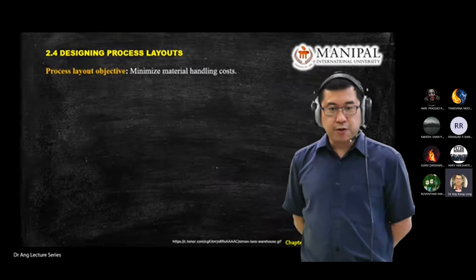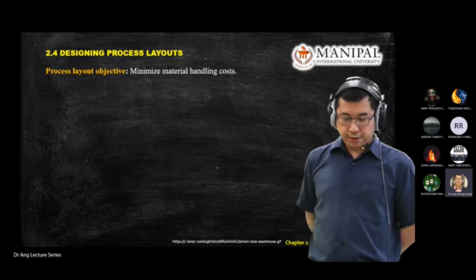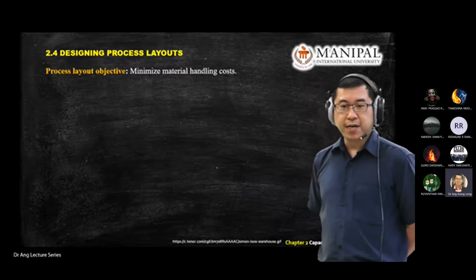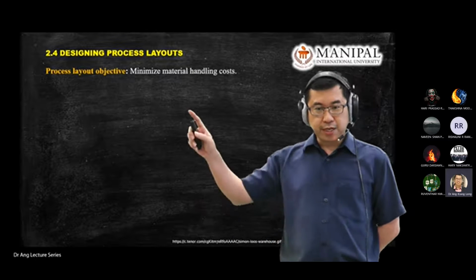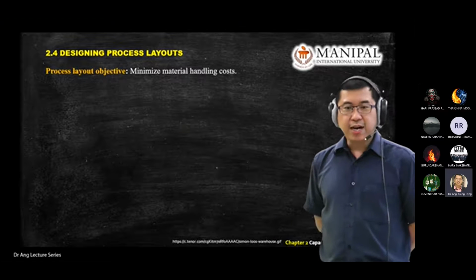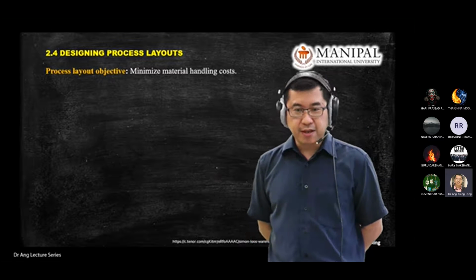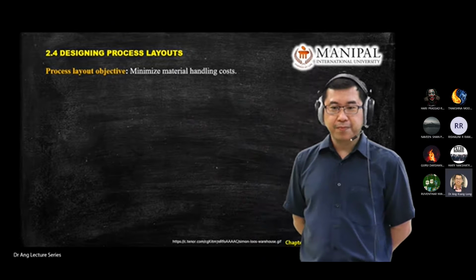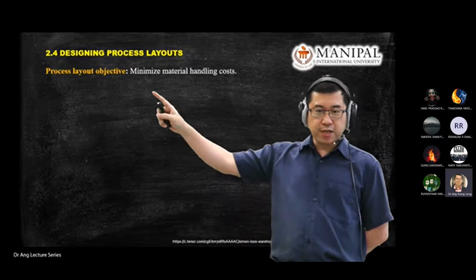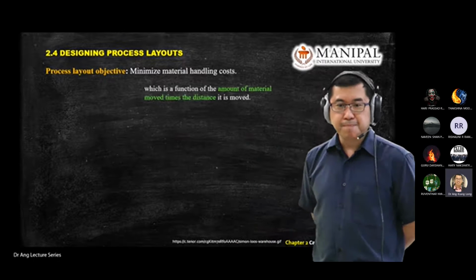The objective of doing the process layout is to minimize costs, especially in material handling. And you try to relate how to minimize material handling to the movement on your factory floor. How you move your material will be the main focus of process layout.